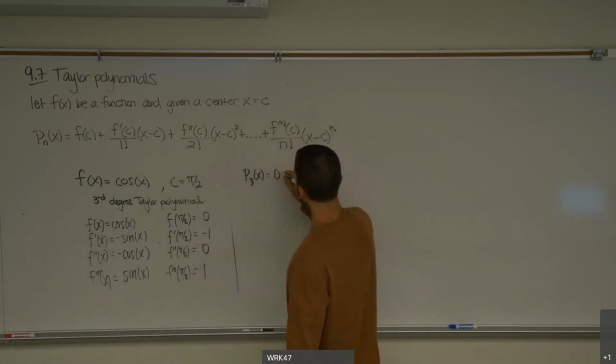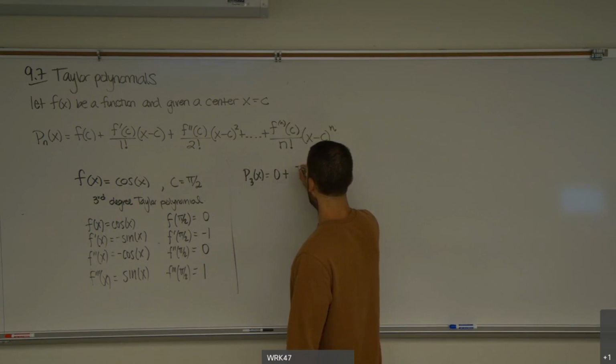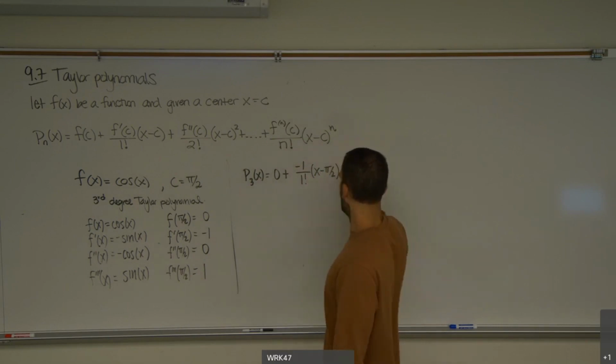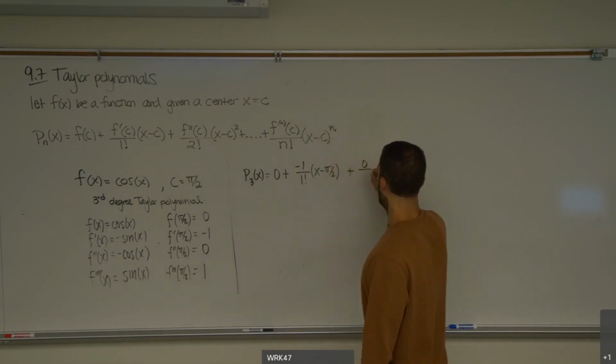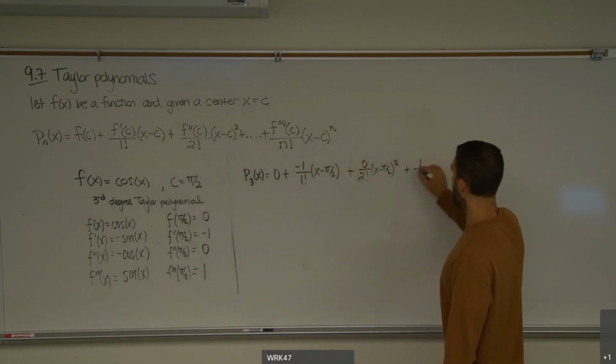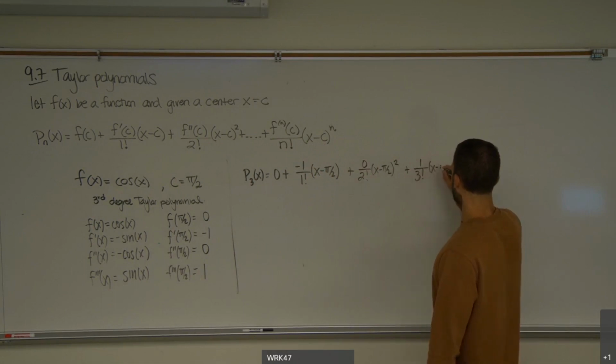It's going to be 0 plus negative 1 over 1 factorial times x minus pi over 2, plus 0 over 2 factorial times x minus pi over 2 squared, plus 1 over 3 factorial times x minus pi over 2 cubed.